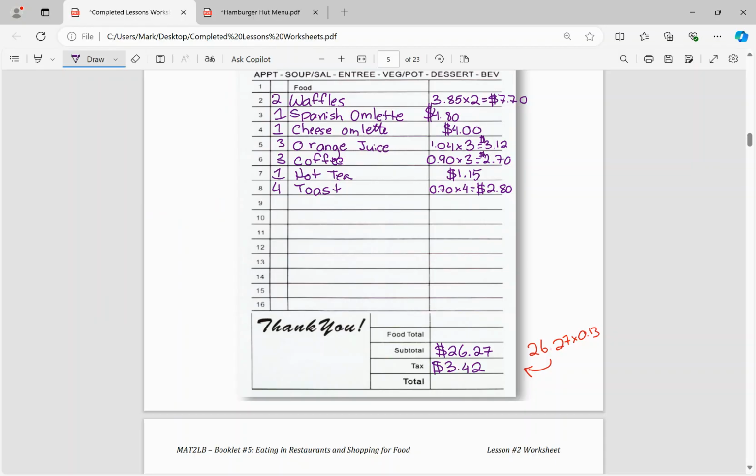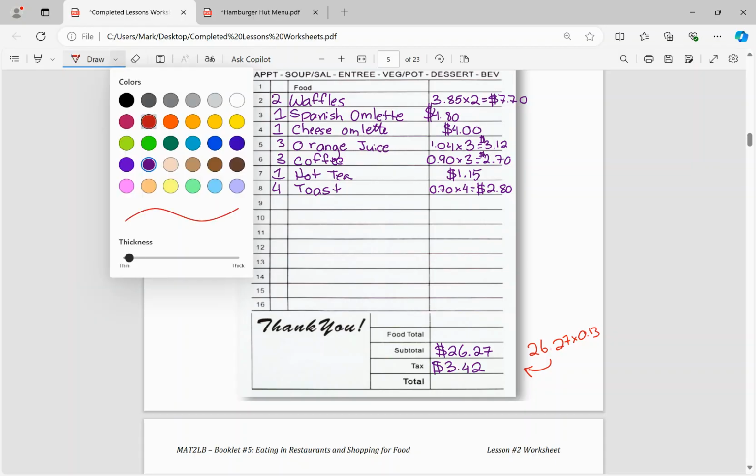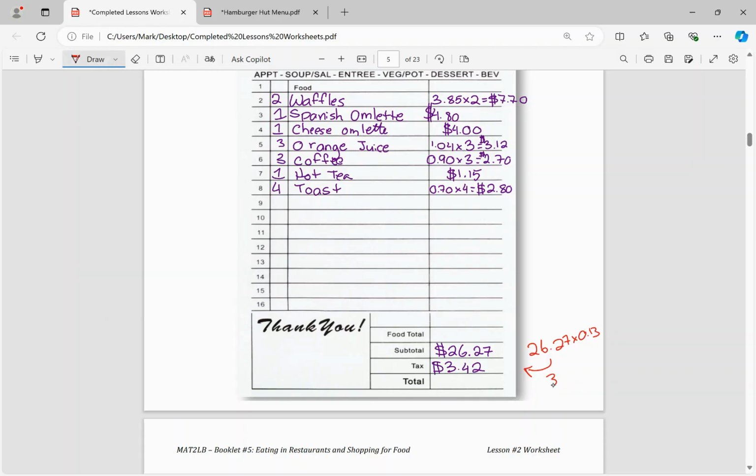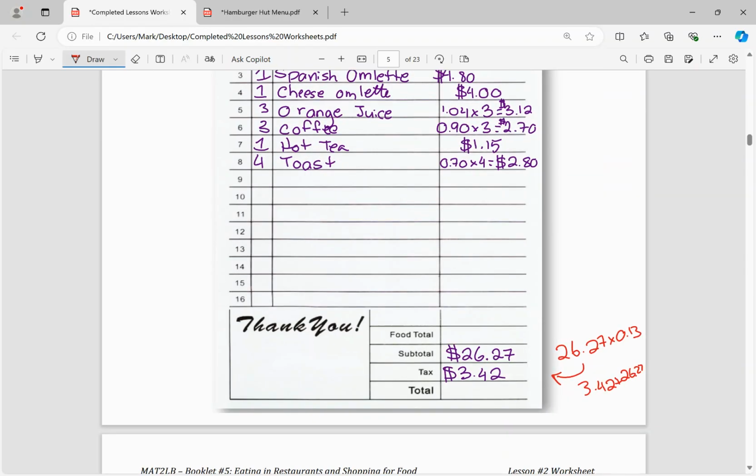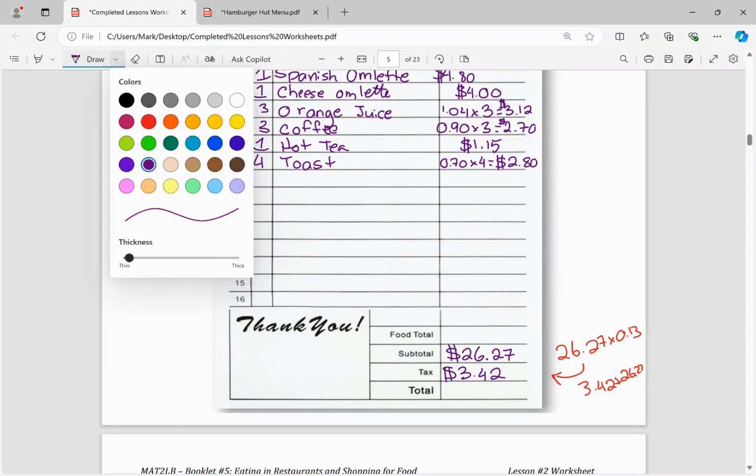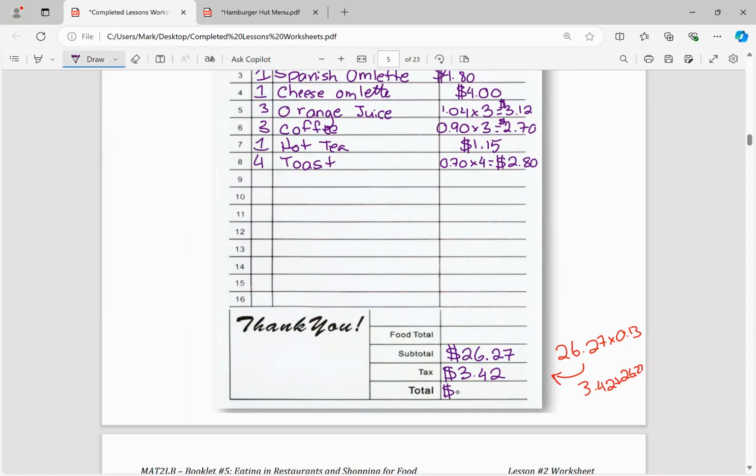Good. And then finally, we're going to take that tax, that $3.42, and we're going to add it to 26.27. So 3.42 plus 26.27 gives us a final total of $29.69.